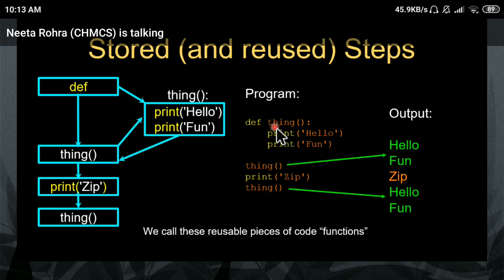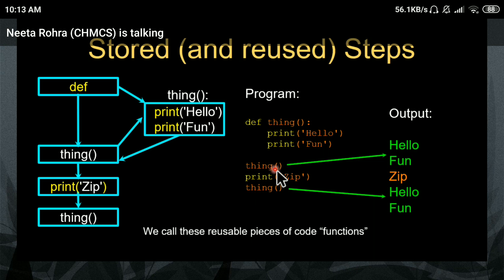It searches there, comes inside the function, and encounters the first print statement. So it prints hello, moves on to the next, prints fun. After this, the control automatically will be returned from where it was called. So it will return back to this particular line from where it was being called.